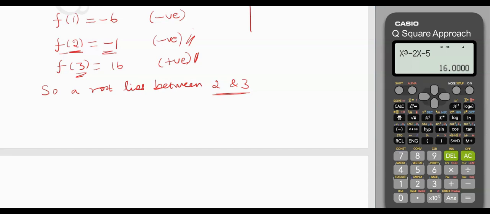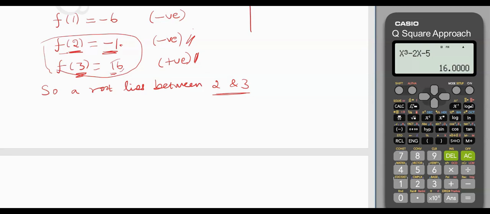We know that for the value of x for which the function f of x will be 0, that is the solution or root. If you observe these terms, for x is equal to 2 we have minus 1, and for x is equal to 3 we have 16. So this minus 1 is nearer to 0 and this 16 is far from 0.